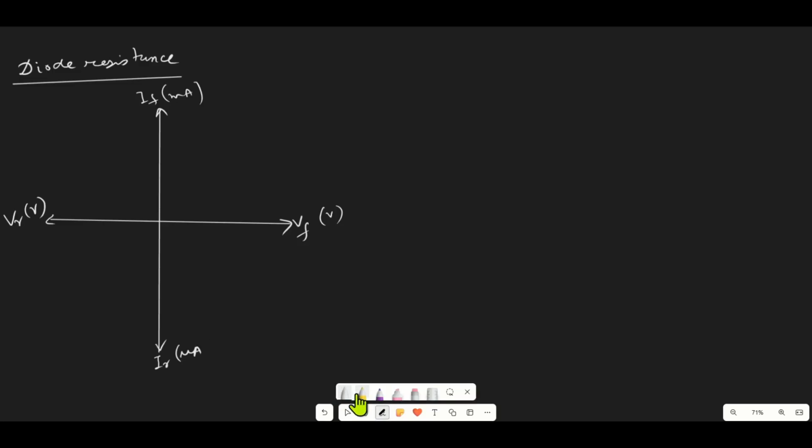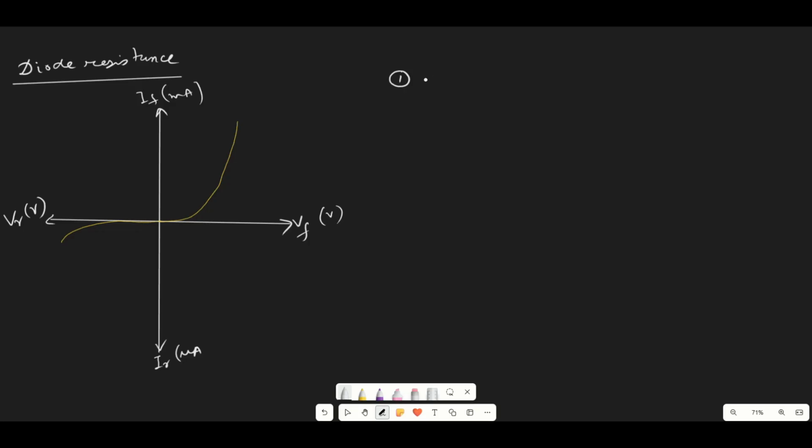So if we draw the characteristics, it will be something like this in the forward bias, and in the reverse bias, it will be something like this. Right? Now, in order to determine the resistances, diode resistances have different names.